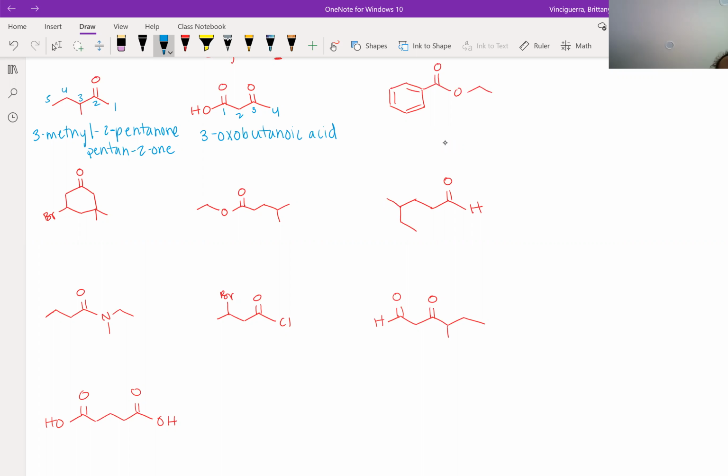Okay. The next one we have what functional group? Ester. An ester. So how do we name esters? You name each side of the ester.